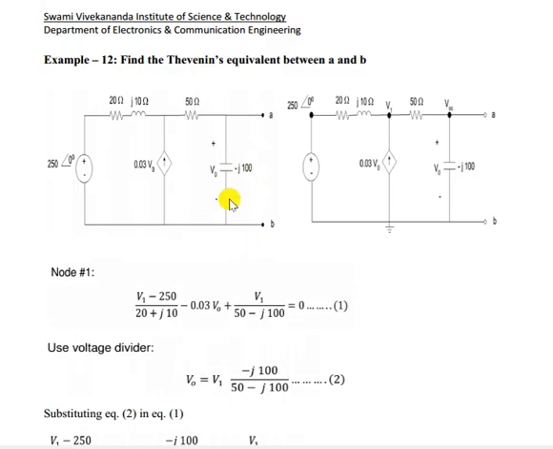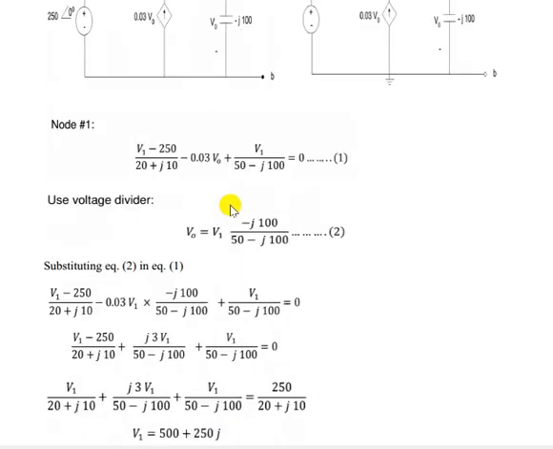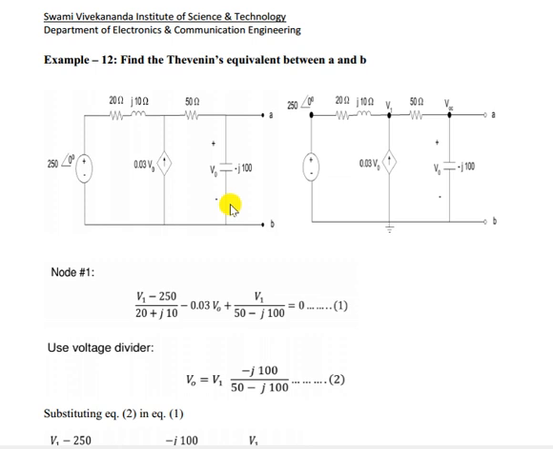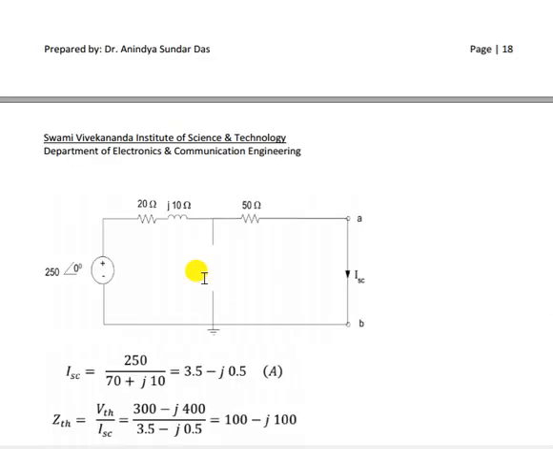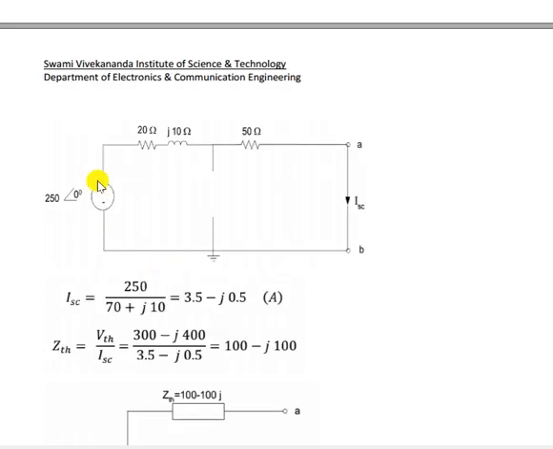So this V0 becomes 0, and it has no effect then. So the voltage source does not have any effect here. So ISC you can find directly by using Ohm's law: 250 divided by the summation of these impedances, 70 plus j10, and we get the value.